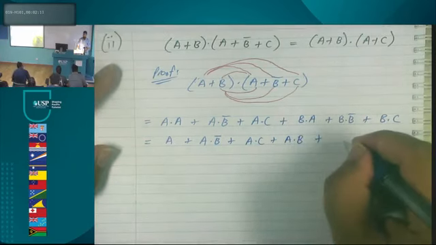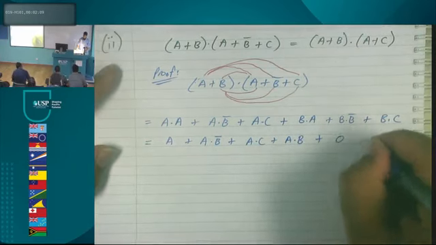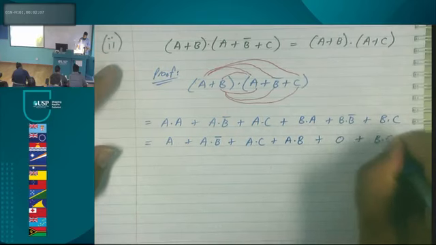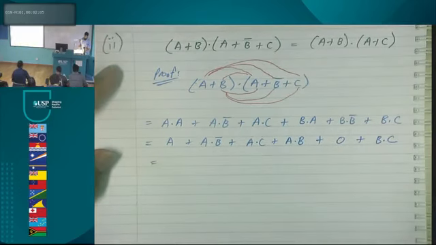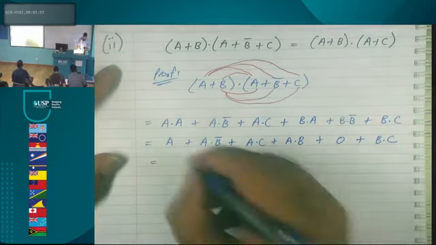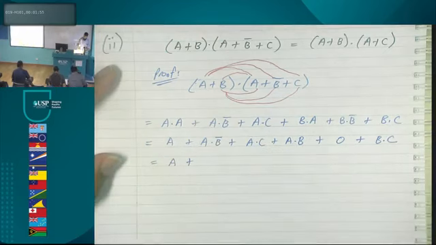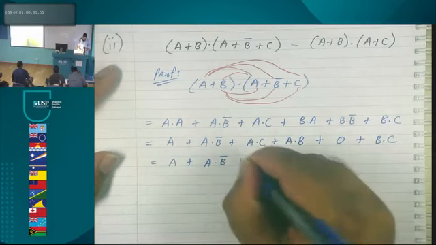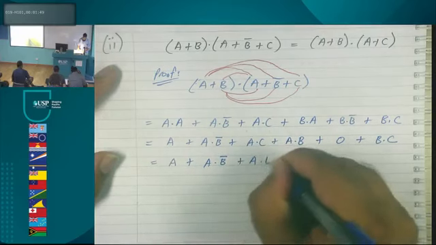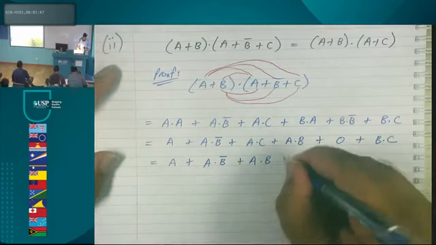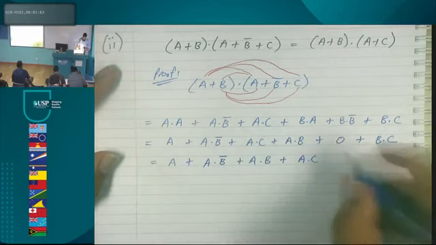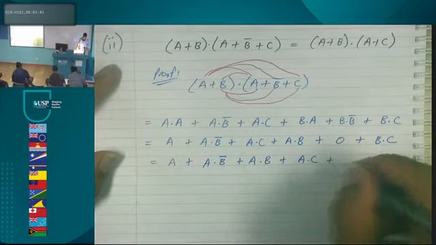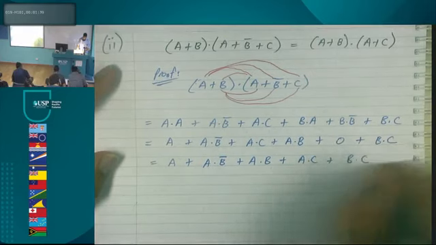B and B bar will be a 0, B and C. Okay, now let us now collect everything with an A to one side. Right, so we have A and we have A and B bar, or A and B, that's similar. We put A and C on this side, 0 falls off, and B and C still remains.